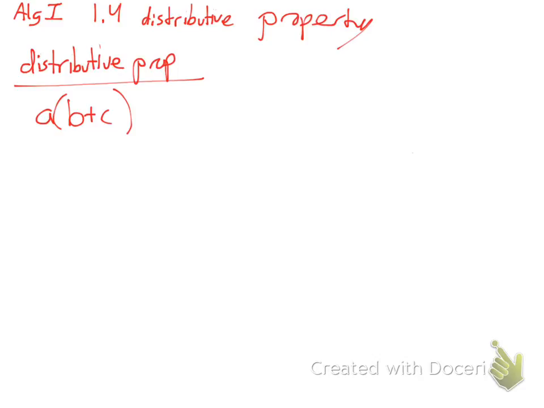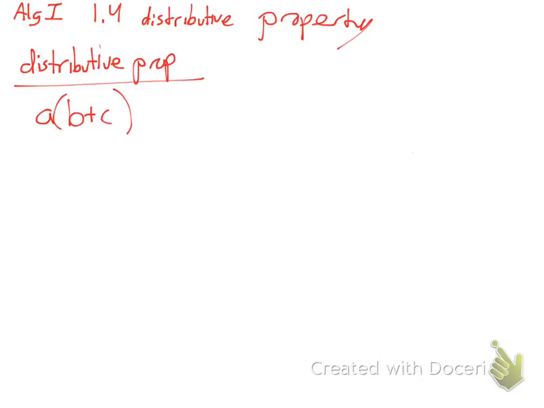This is where we would consider distributive property, where we have a single term outside of a group. And the group actually can have 2 terms, 3 terms, 5 terms, 10, 20 terms. It doesn't matter. What we have here is something on the outside that needs to be multiplied to everything inside.